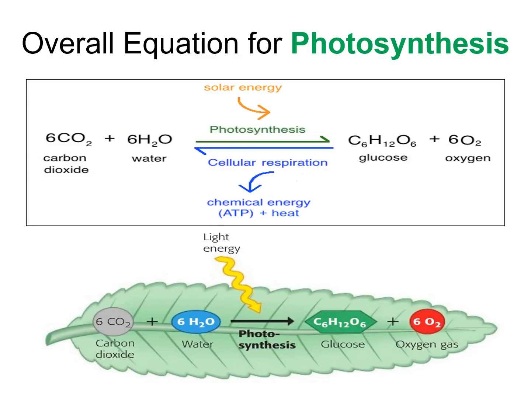Along the line, they need solar energy to convert the light energy into chemical energy. In this process, they will produce ATP as well as heat.